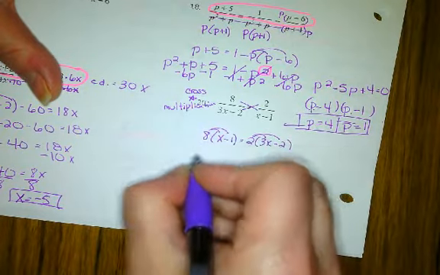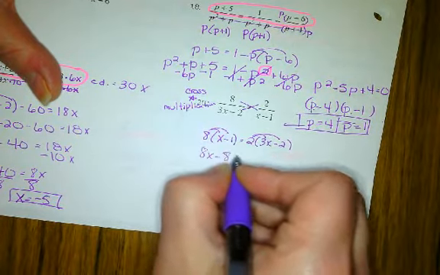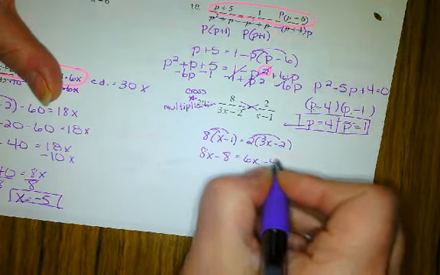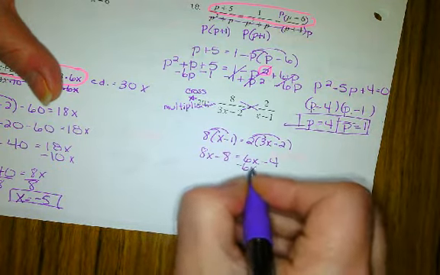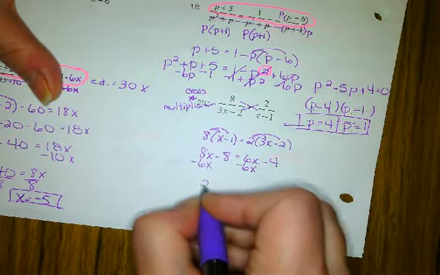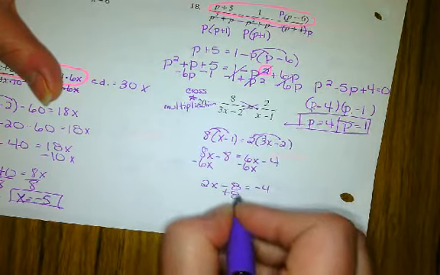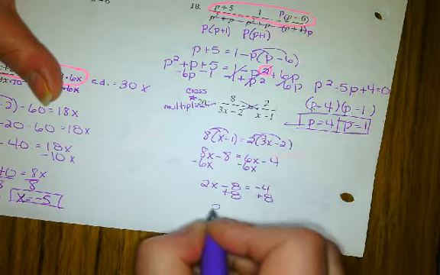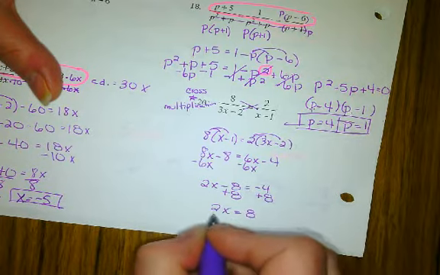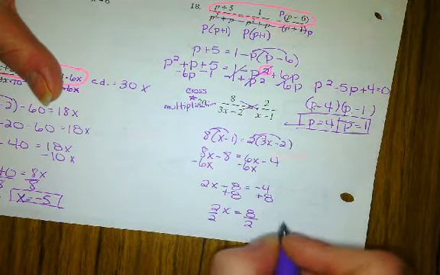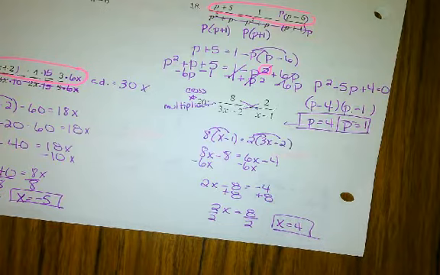All right, and then I'm going to start distributing. And then I'm just going to start solving. And x equals 4. Okay, let's flip it over.